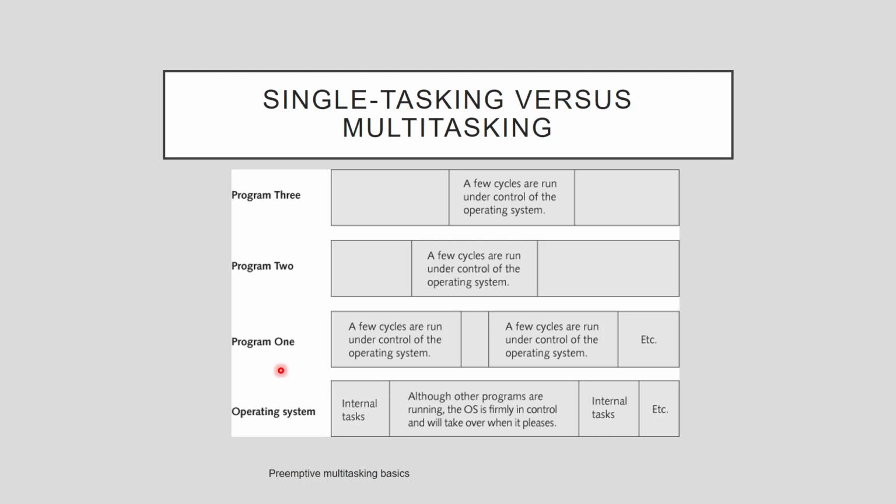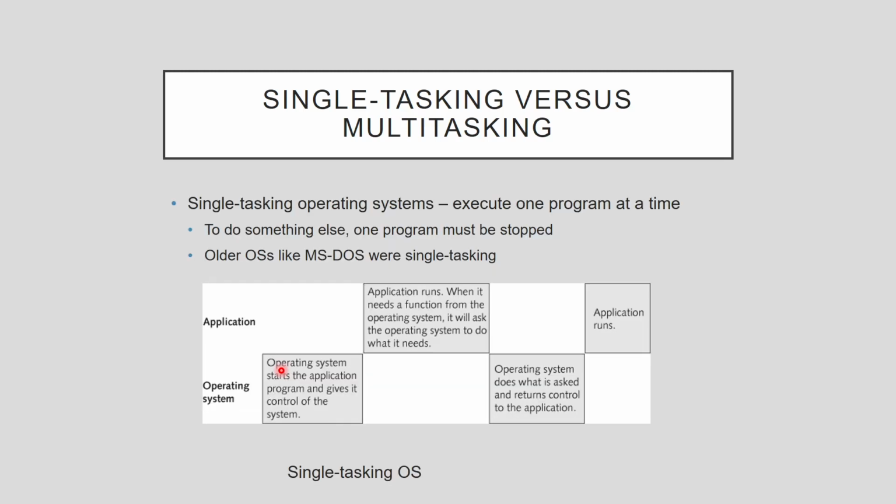Some older operating systems, such as MS-DOS, were single tasking, and a single tasking operating system executes one program at a time. So, as you can see in this figure, to do something else, one program must be stopped, and a new program must be loaded and executed.